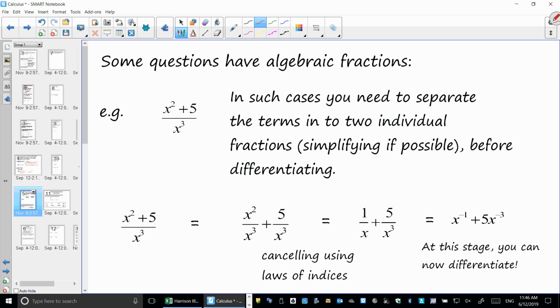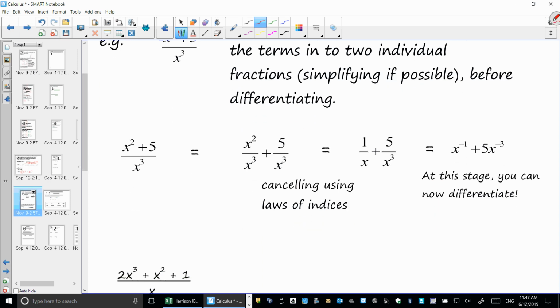So if I've got x squared plus 5 all divided by x cubed, what I would do is separate that to be x squared over x cubed plus 5 over x cubed. Because that's what this means. It means that both the 2 things on the top have the same denominator. So I would separate them.